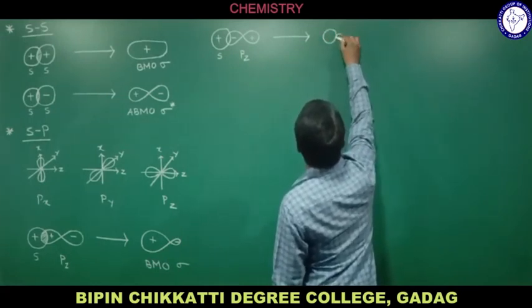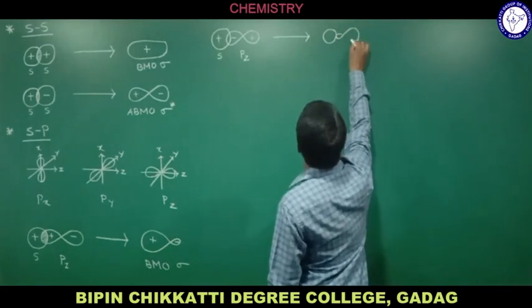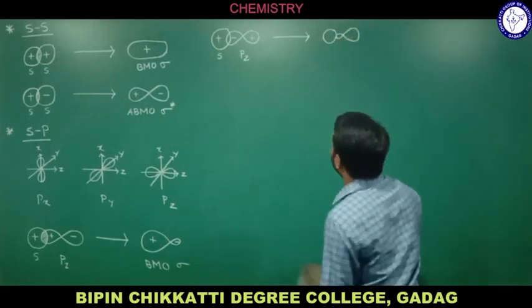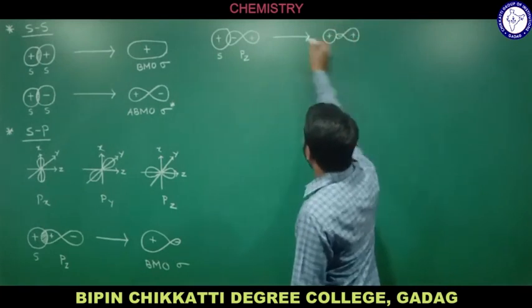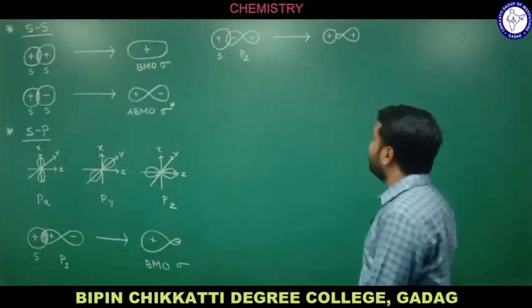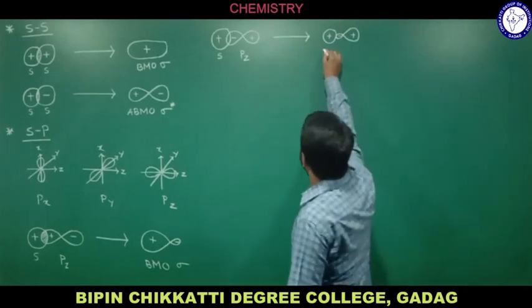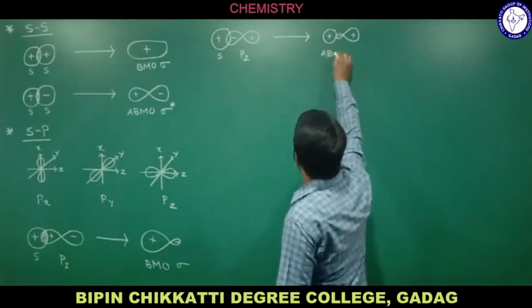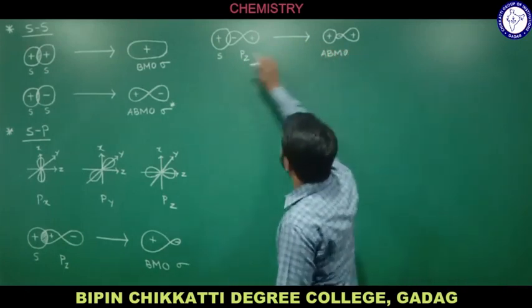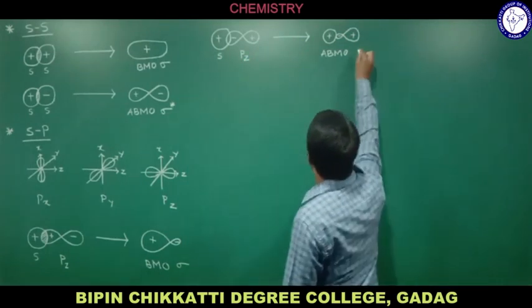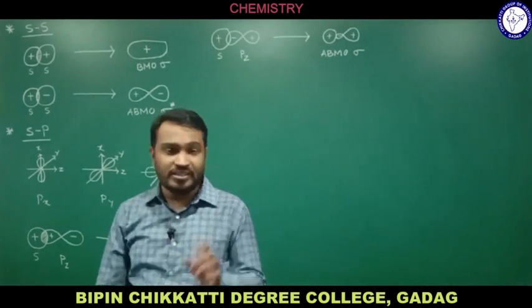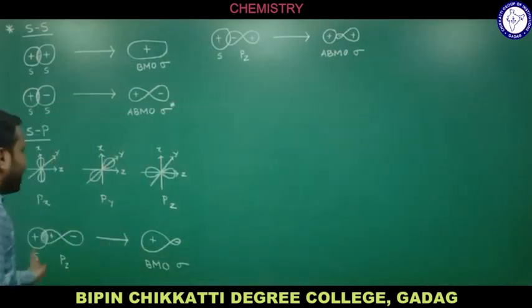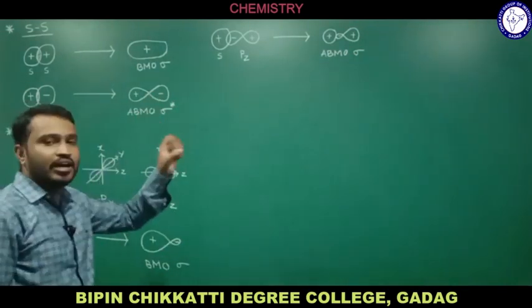That is the repulsion, and this is how I can show the diagram of a molecular orbital. This is of a plus, this is of a minus, this is of a plus, and that corresponds to the atomic orbitals, and this is ABMO since lobes are of different sign, and this will be sigma again because head-on overlapping is going to take place. This is how the S and the PZ atomic orbitals are going to overlap.